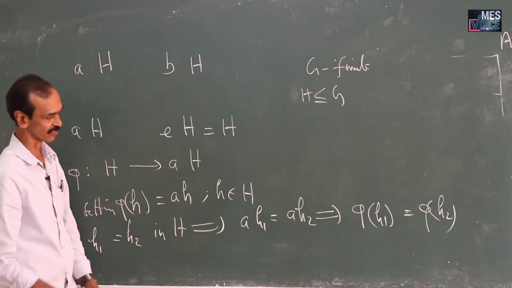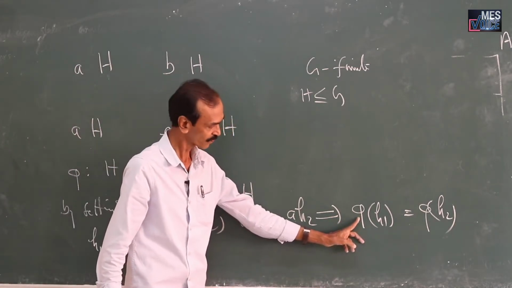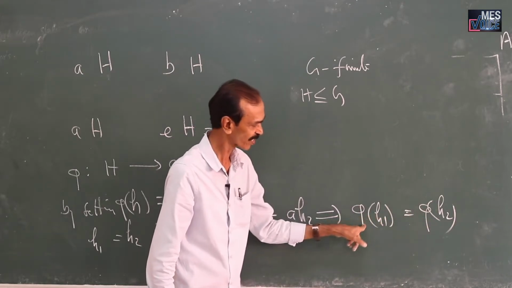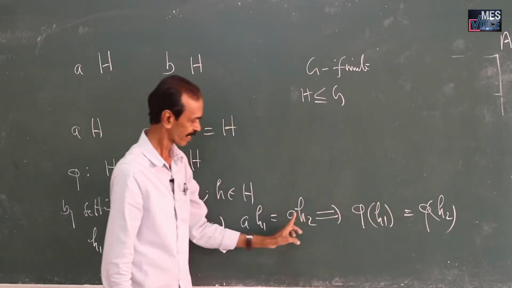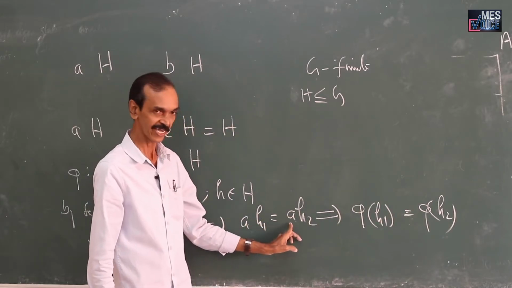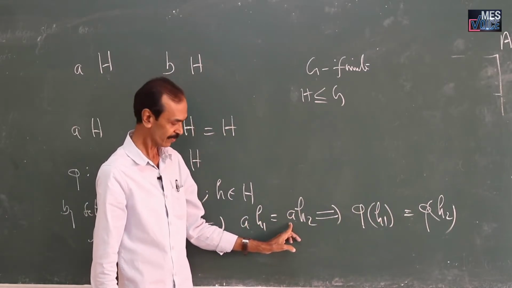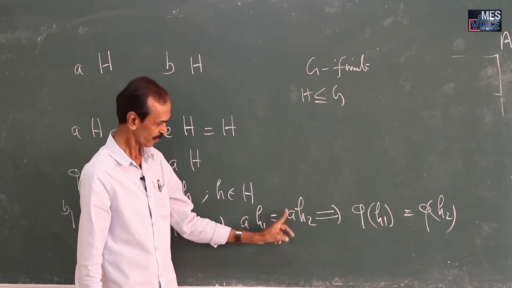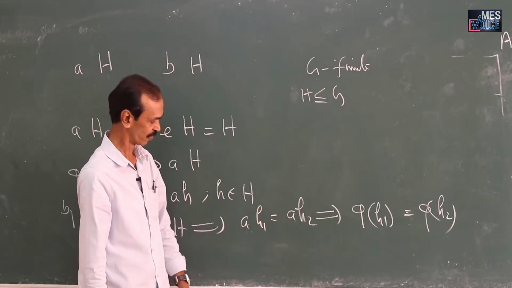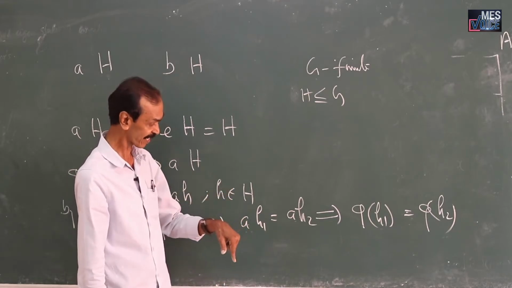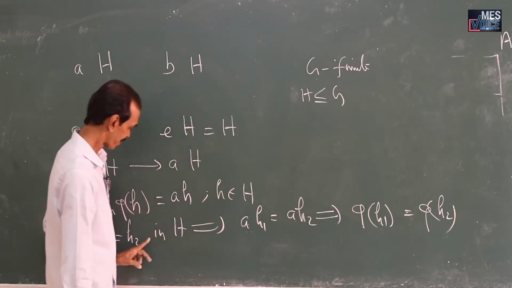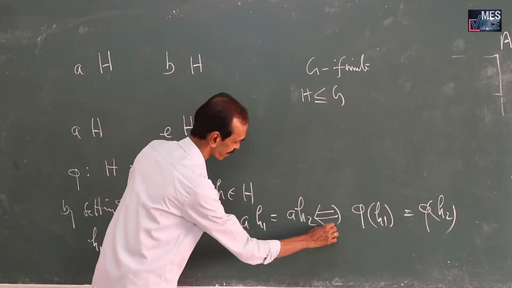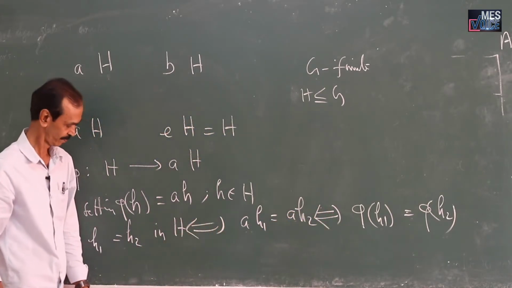See the converse. Suppose for h1 and h2 belonging to H, phi of h1 and phi of h2 are equal, then ah1 is equal to ah2. Now, a is a common factor, so you can apply the left cancellation law to cancel off a. We will get h1 is equal to h2. So, we can apply the reverse implication also.